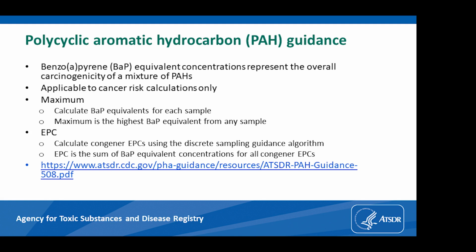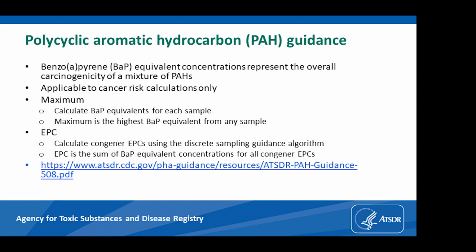To calculate the maximum BAP equivalent across a group of samples with PAHs, the EPC tool calculates BAP equivalents for each individual sample and then returns the highest BAP equivalent from any sample in the data set as the maximum value. For EPCs, the program first calculates an EPC for each PAH congener in the data set using the regular discrete sampling guidance algorithm that we just looked at.